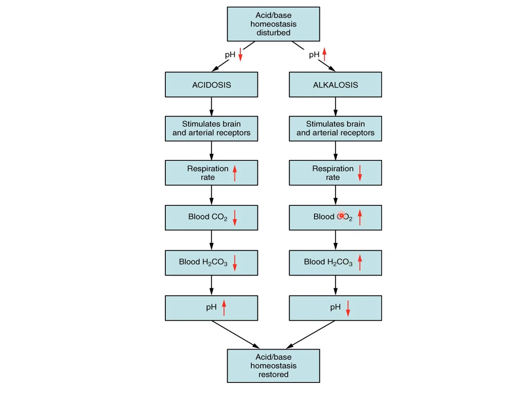So when there is an increase in the blood carbon dioxide, there will be more carbon dioxide that will combine with water to form carbonic acid. Carbonic acid will tend to be broken down into bicarbonate and hydrogen ions. So there will be more hydrogen ions available in the blood. So this will tend to decrease the blood pH to normal.